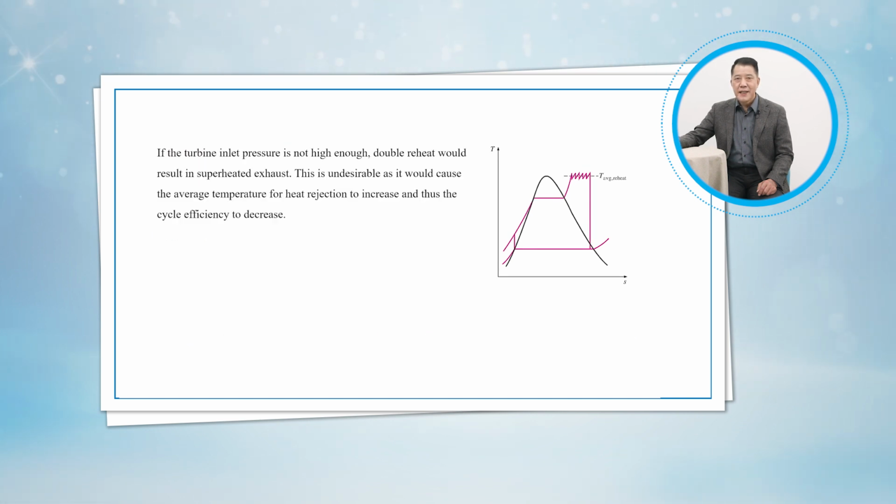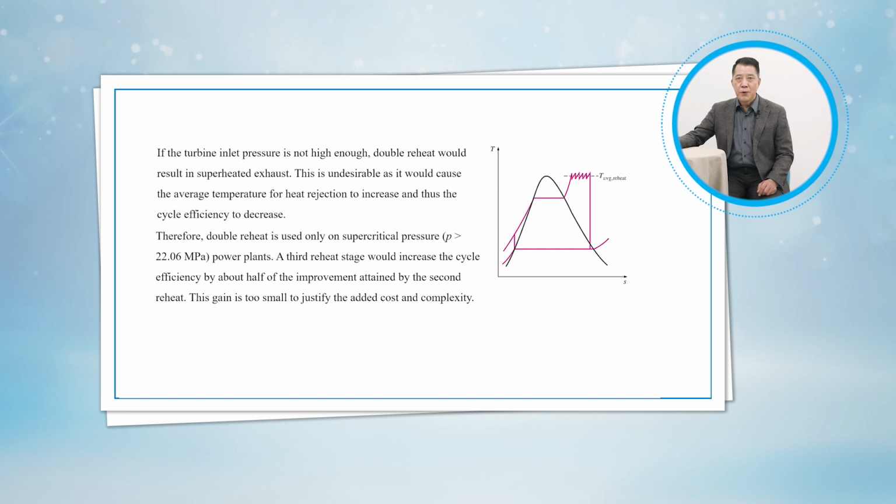If the turbine inlet pressure is not high enough, double reheat would result in superheated exhaust. This is undesirable, and it would cause the average temperature for heat rejection to increase and thus the cycle efficiency to decrease.